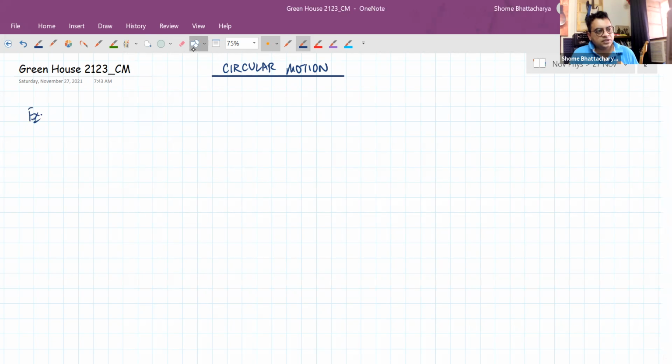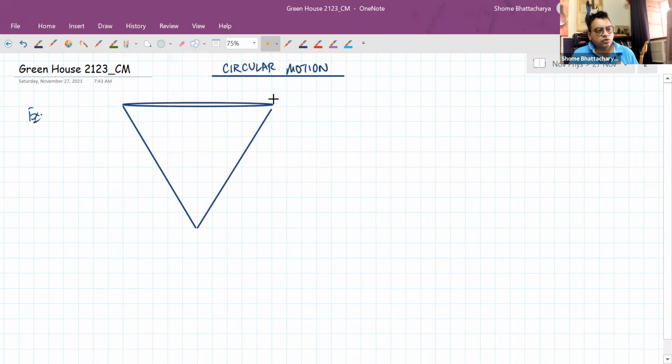Okay, so we'll start with an example problem, which is to do with application of centrifugal force again. So this time we have an open conical surface like this.